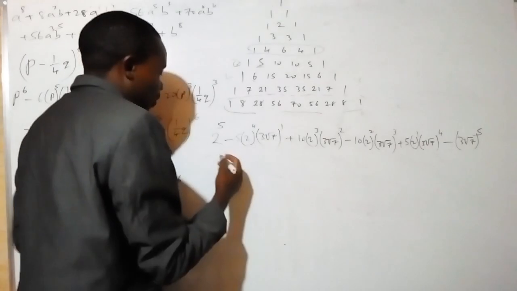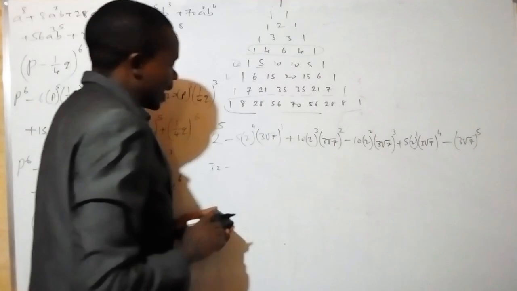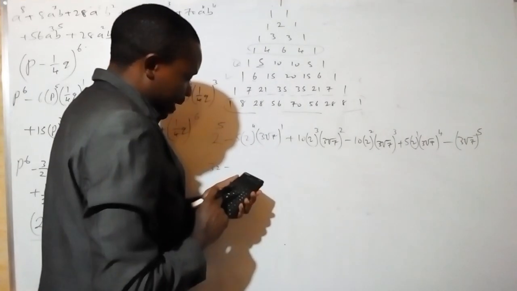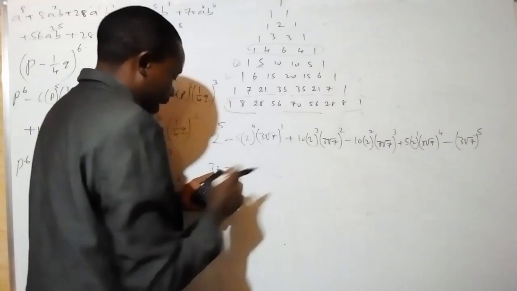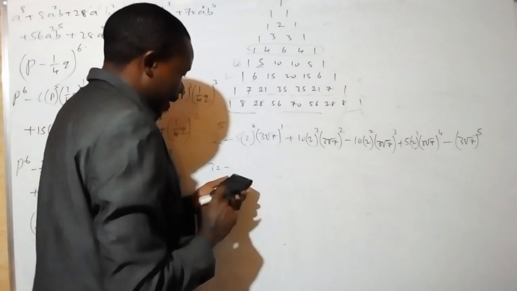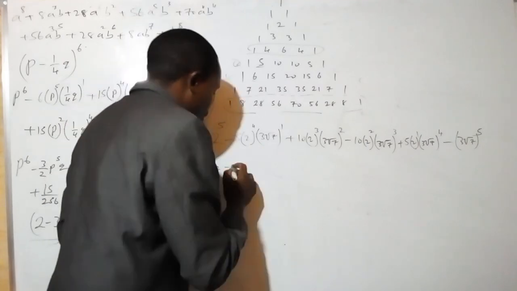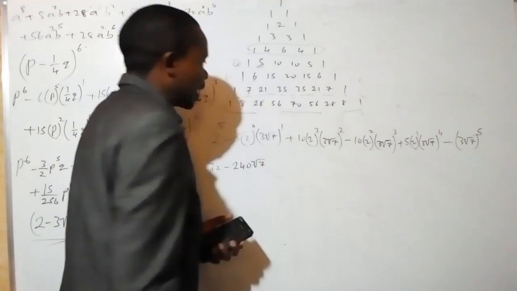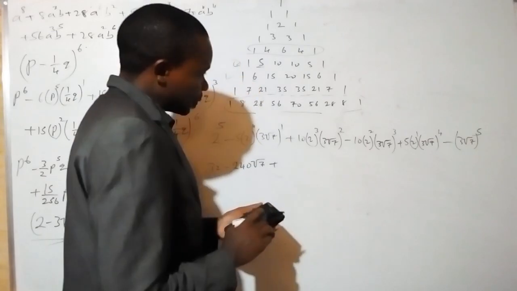Then we expand. 2 raised power 5 is 32, minus, we are going to have 2 raised power 4, which is 16. You can say times 5, then times 3. It's going to be 240 root 7, like that. Next, plus 10.